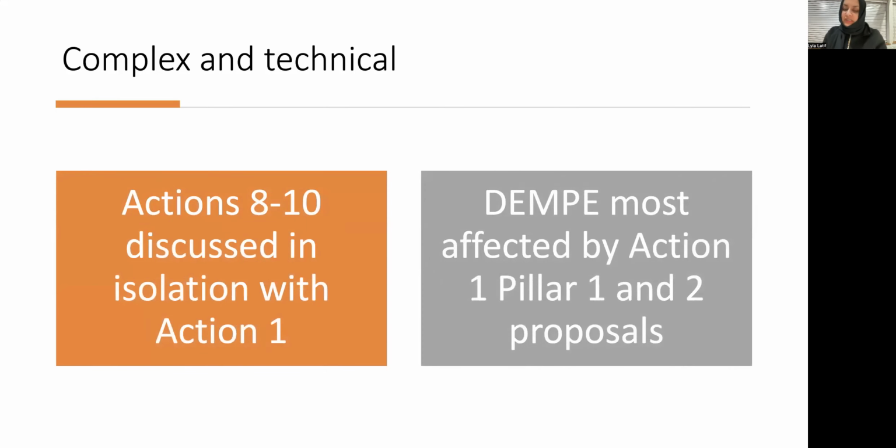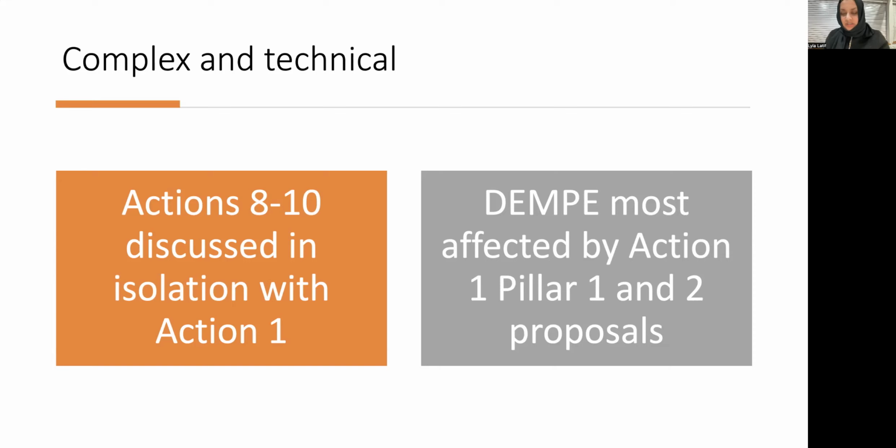Now, ladies and gentlemen, this is highly complex and technical stuff. The complexity is brought about by the fact that when the OECD was discussing Actions 8 to 10 on transfer pricing, it had delayed work on Action 1 on taxing the digital economy.